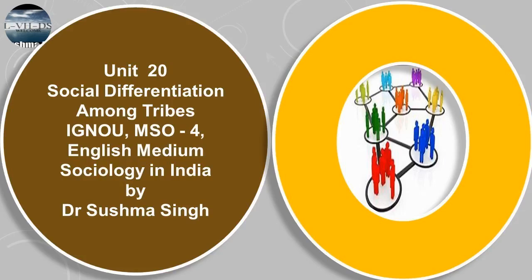Now let us move to the definitions of social differentiation. Social differentiation has been defined in many ways by different scholars. We shall first of all acquaint ourselves with some of the definitions.